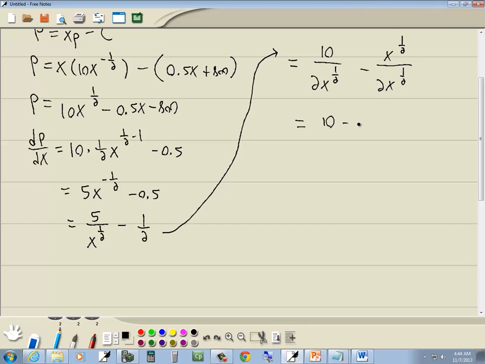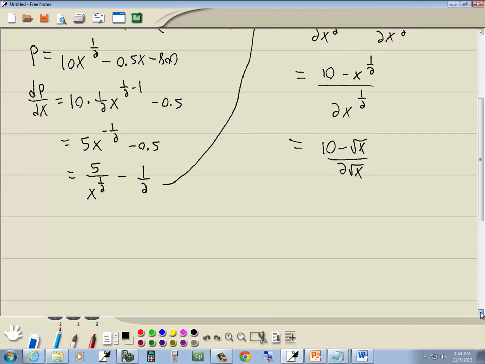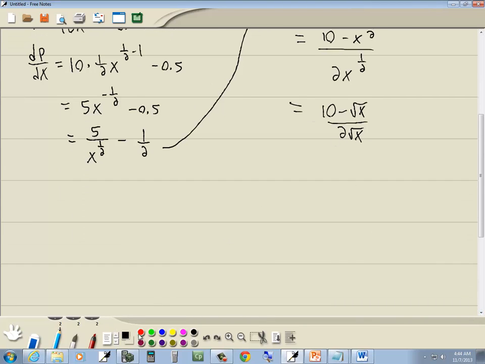That gives us 10 minus x to the 1/2 over 2x to the 1/2. Putting that back in radical form, that's 10 minus the square root of x over 2 square root of x. Well, that's our derivative, so that's what we'll be plugging into here shortly.